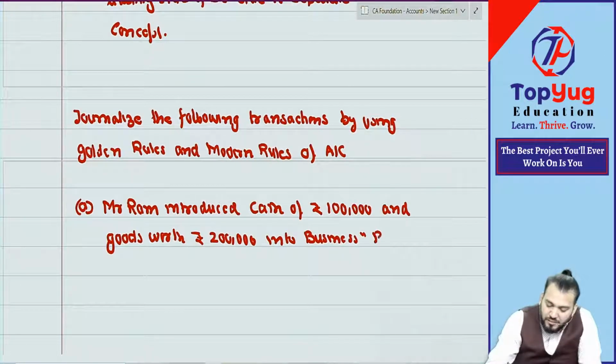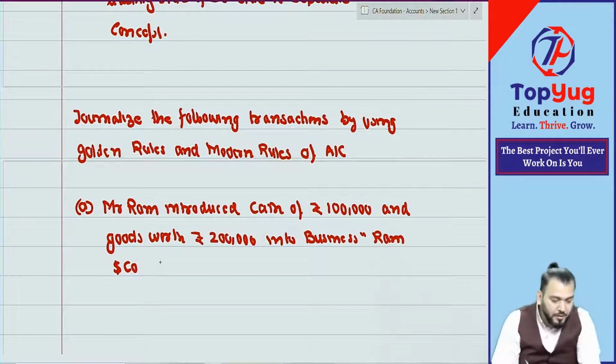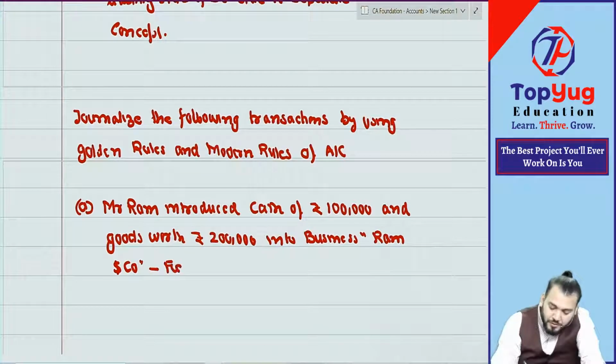The name of the business is Ram and Company. Let us assume this Ram and Company is a furniture dealer.